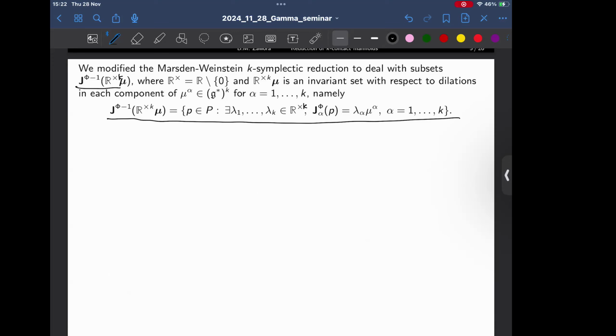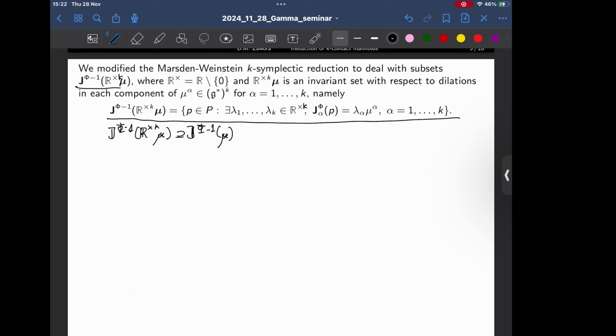I will talk about the conditions to ensure that this is indeed a submanifold, but you see that for sure it's something bigger than J^φ to the -1 of bold μ.